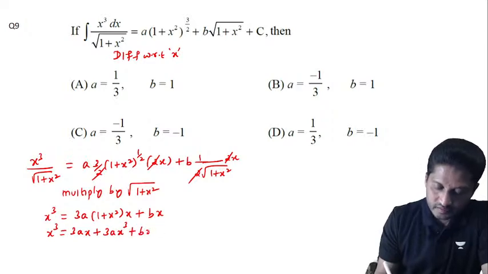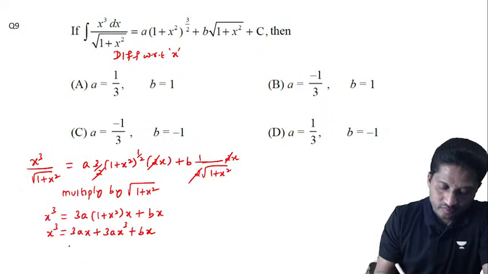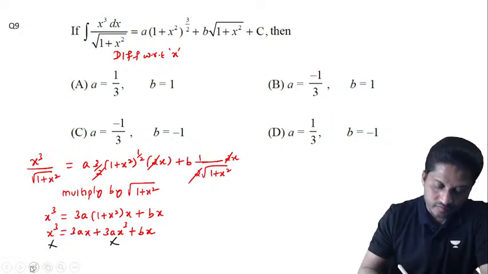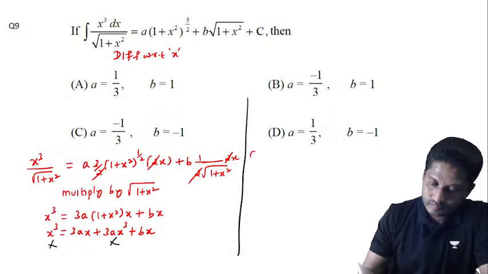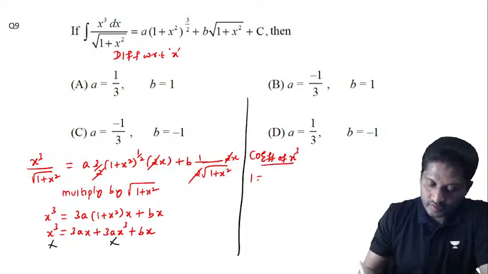Now if I equate the coefficient of x cube, you get 1 is equal to 3a, that is 1 by 3 is equal to a.